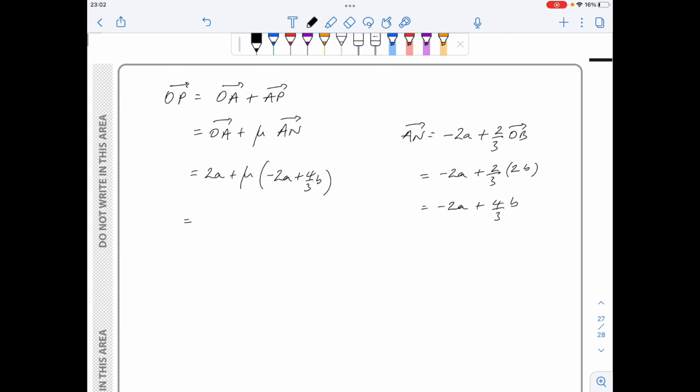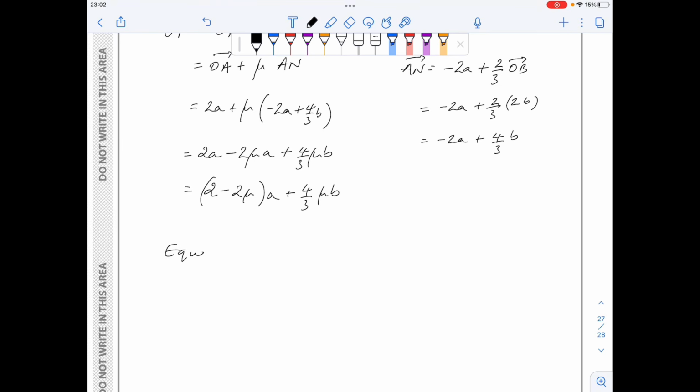Let's expand and simplify. 2A minus 2 nu A plus 4/3 nu B. And if I collect the A terms and B terms together, I get 2 minus 2 nu A's plus 4/3 nu B. Now, in the next step, I will equate the coefficients of A, and I will also equate the coefficients of B. Now, let's color code this.